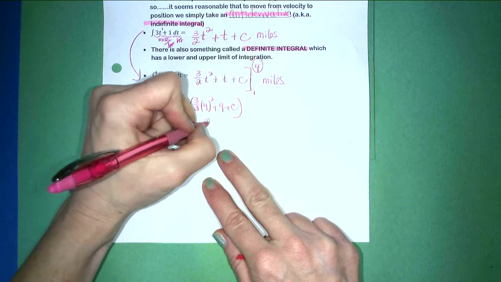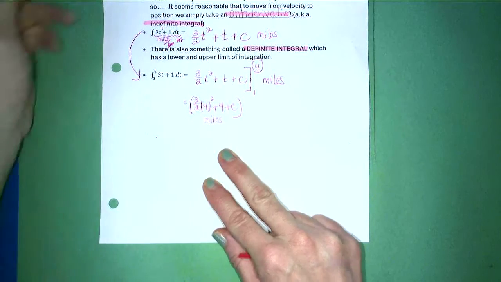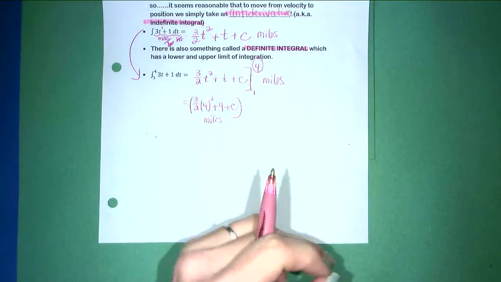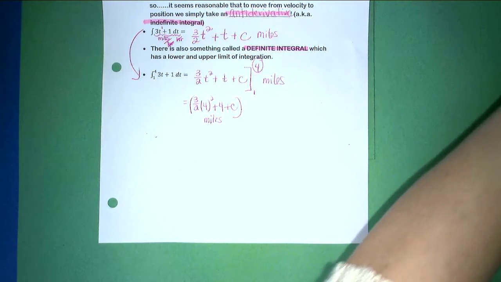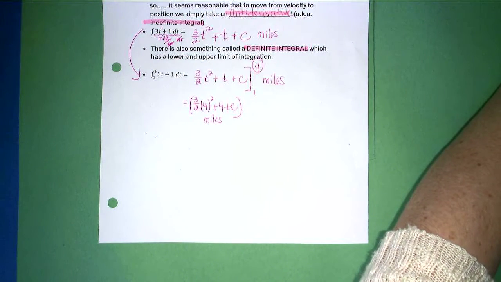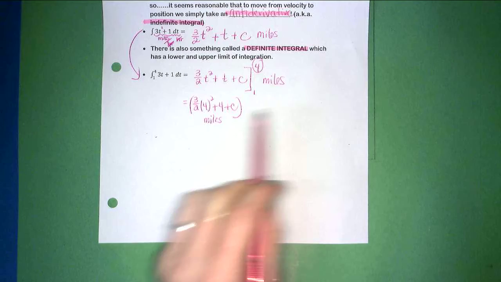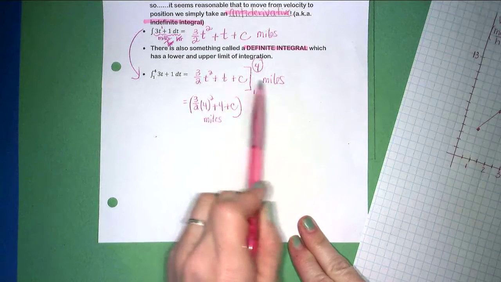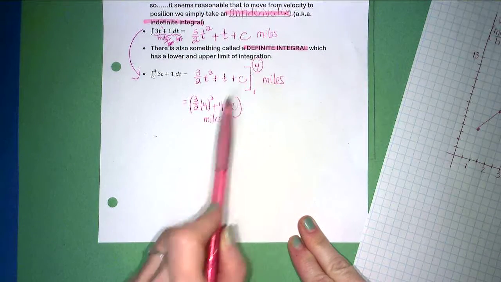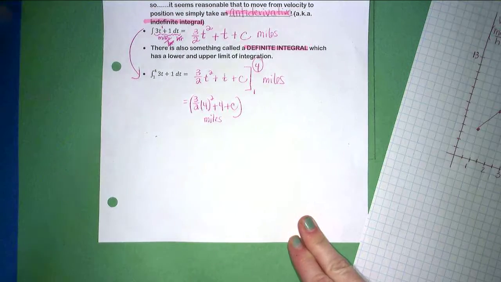And I actually want to go to my next graph here to show you what that represents. So basically, if this is going to give me my miles traveled, and I plug a 4 into it, what that is essentially giving me, guys, is this. Here's that same graph, 3t plus 1.